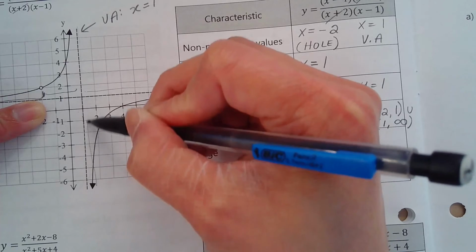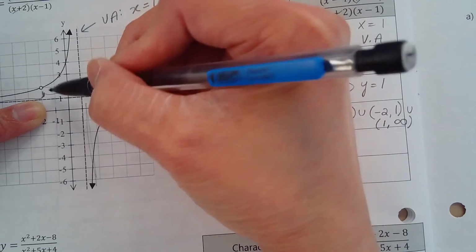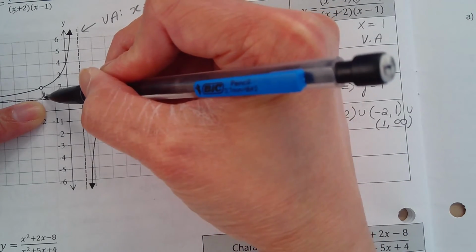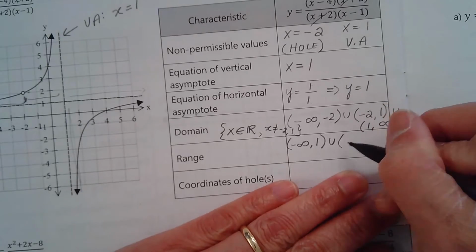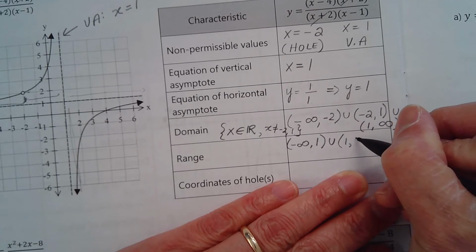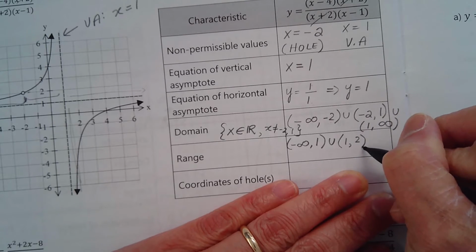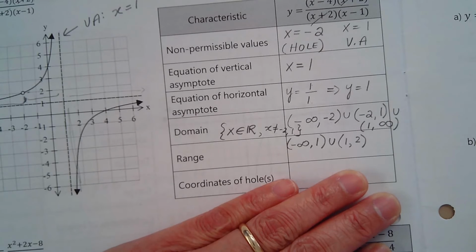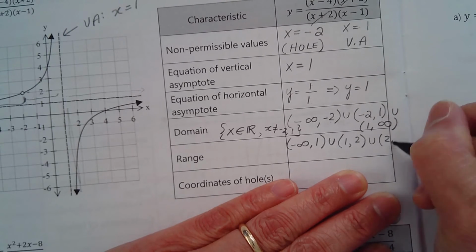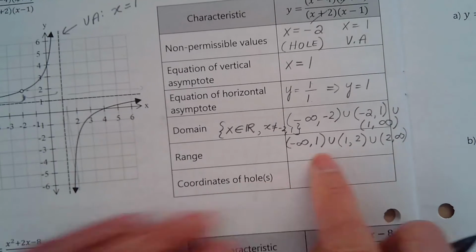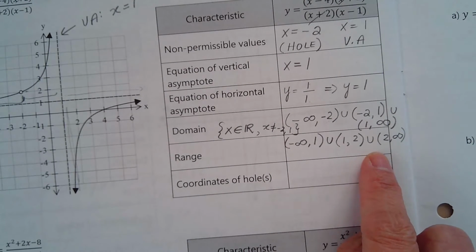From this part to here, that's that chunk. Now this chunk here, from 1 up to 2, not including 2, so we're going to put a round bracket there. Union 2 to infinity.